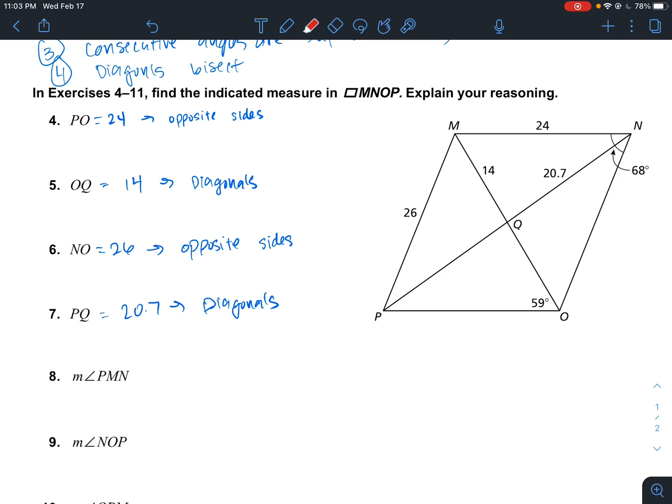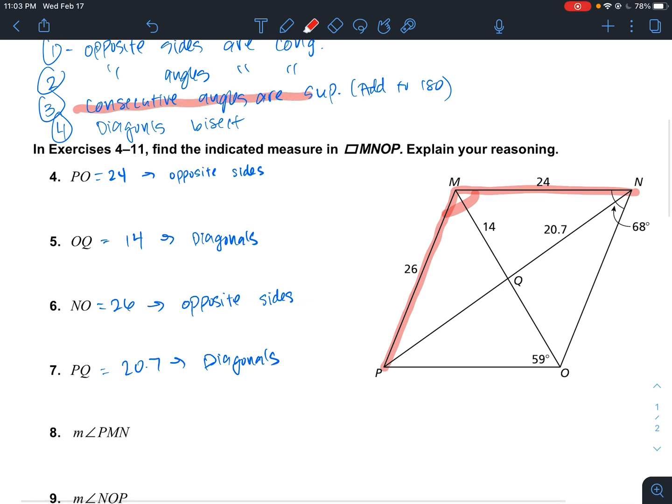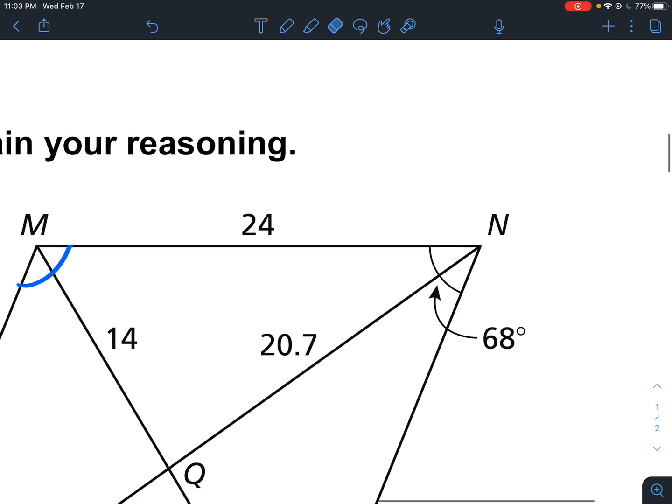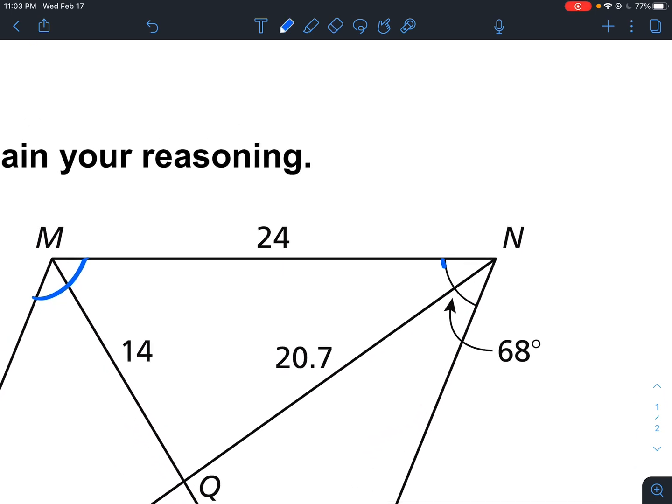Alright, now PMN, so here's P to M to N. Now we're talking about the angles. So this angle right here. Now what we know from a parallelogram, from the third theorem, is that consecutive angles are supplementary. So I know that this angle right here and this angle right here add to be 180. Now this arrow is pointing to this angle right here, not just this angle.